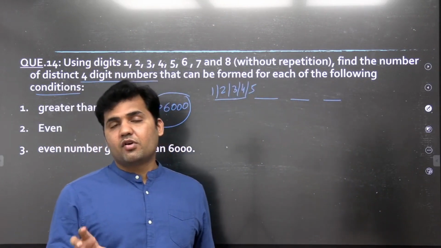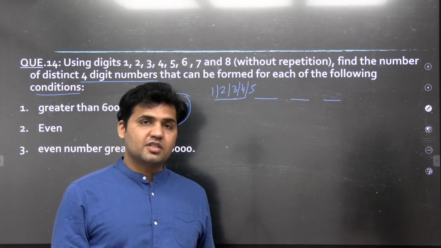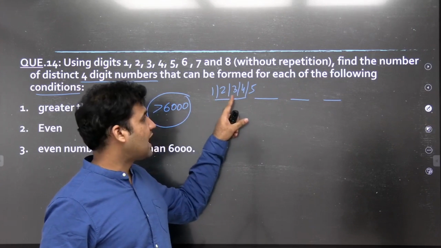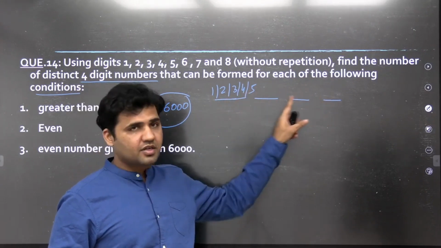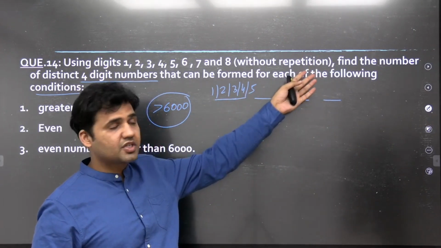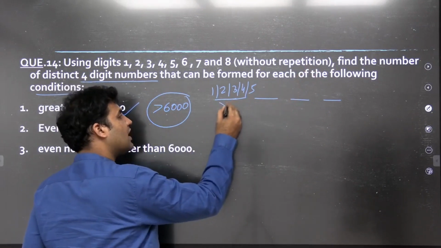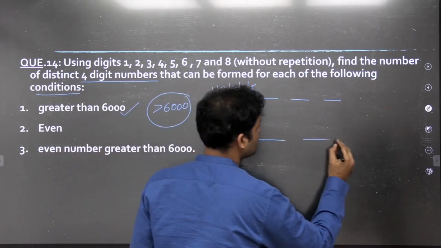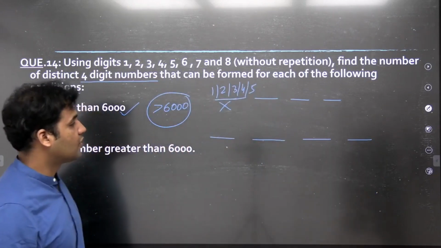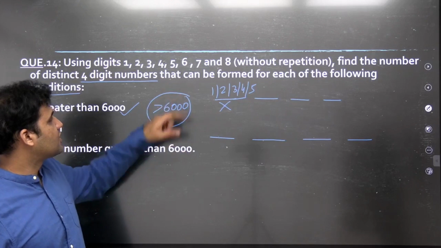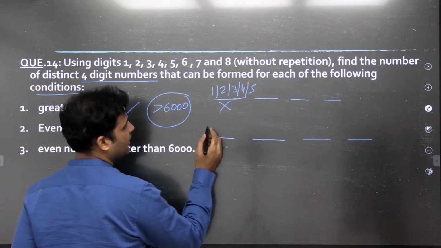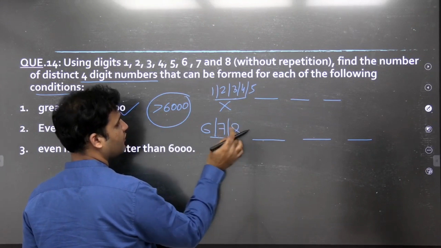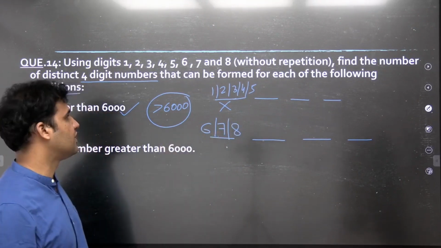A 4-digit number will be more than 6,000 if it starts with the digit 6 or more. So you cannot place 1, 2, 3, 4 and 5 at the first position, because the number needs to be more than 6,000. So the possible digit for the first place will be either 6 or 7 or 8. So this place can be filled in 3 ways.